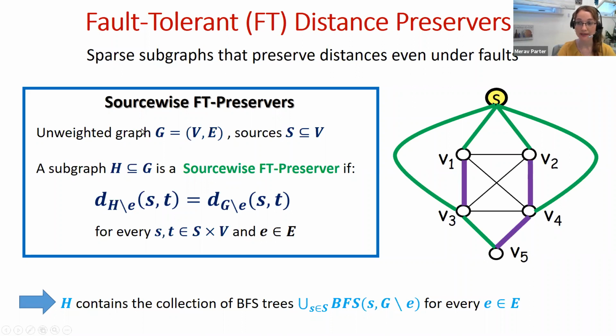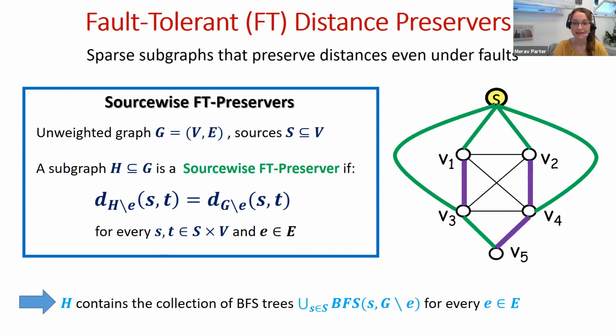Given an unweighted graph G and a set of sources S, the preserver is a subgraph H that satisfies the following. The distance between S and T in H minus the fault is exactly the same as the distance between S and T in G minus the fault, and this should hold for every pair S, T in S cross V and for every edge E.